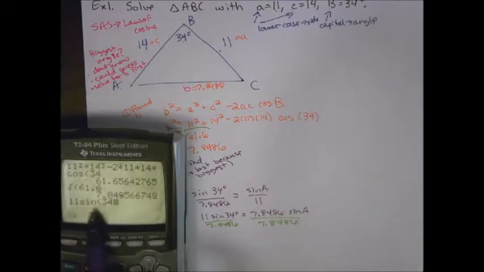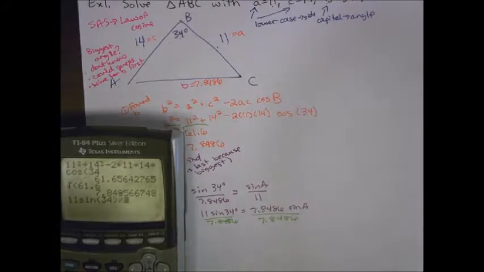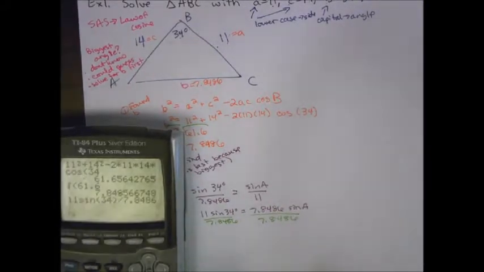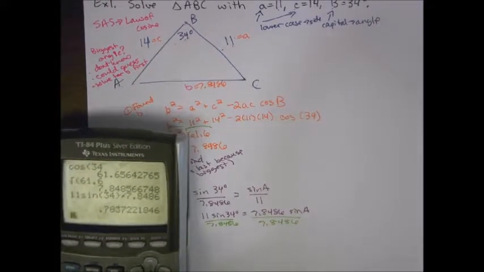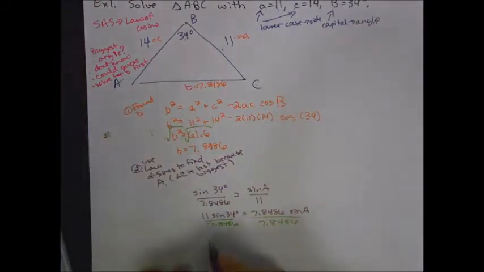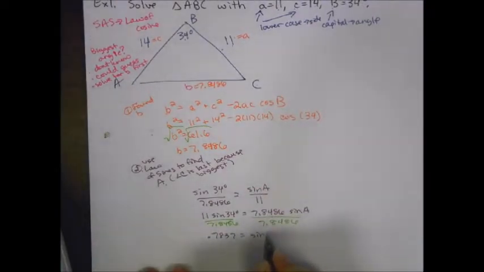Make sure when you type that sine of 34, you close the parentheses. You get 0.7837. Remember, 4 decimals. That equals sine A.